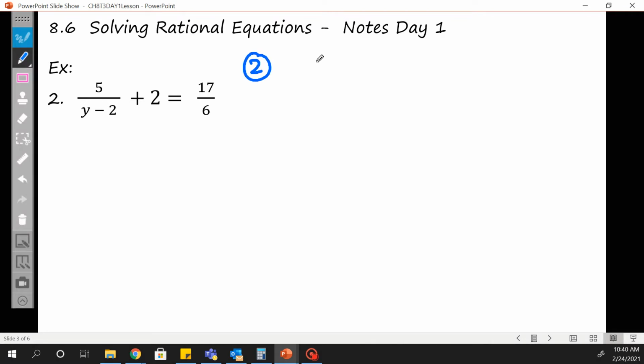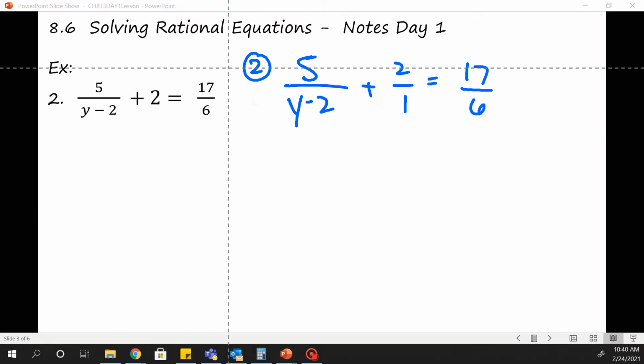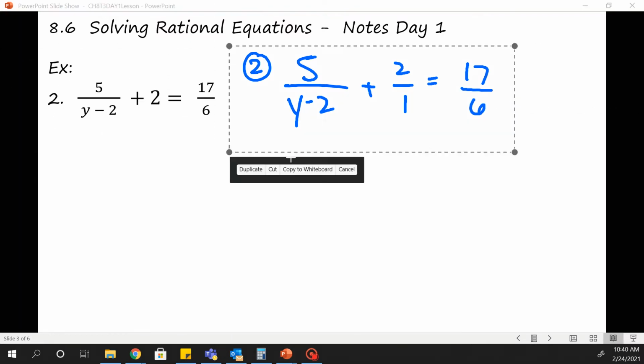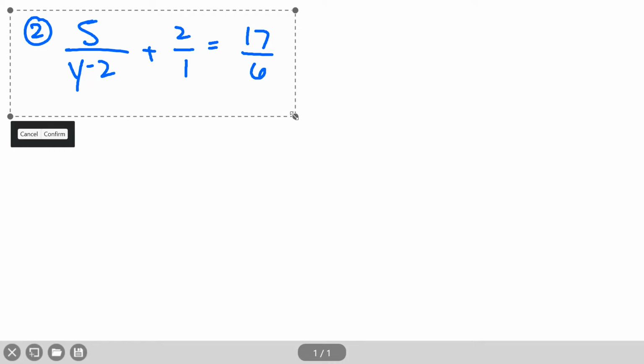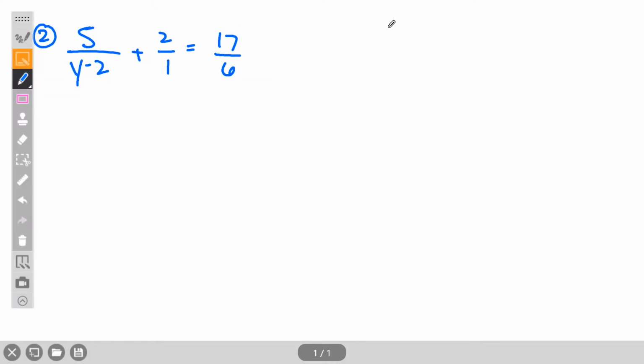All right, number 2, we have 5 over y minus 2 plus 2 over 1 equals 17 over 6. The LCD here would be the factors that they don't have in common.